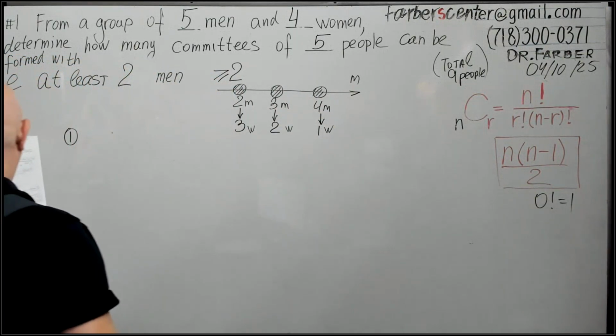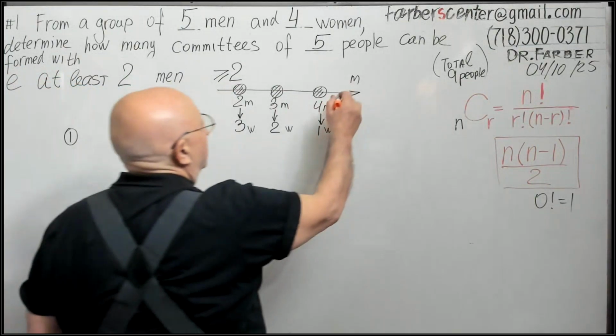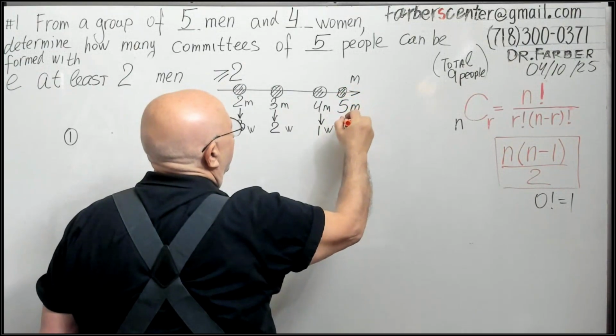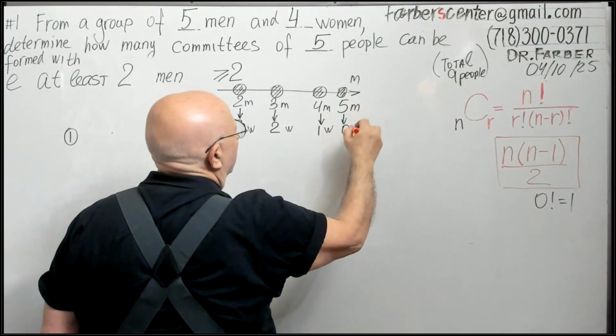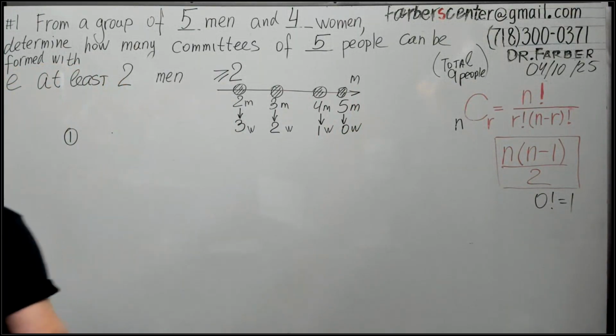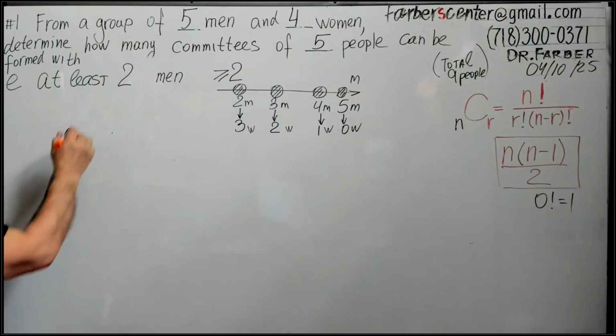Yes, but if at least 2 men, we can also have the option to have 5 men here. And 0 women. Now, fine. Let's go through each step. The first one, what we have. What we have about men.